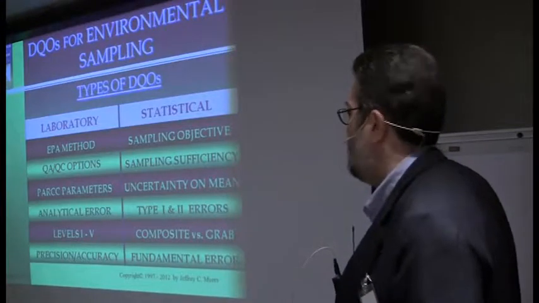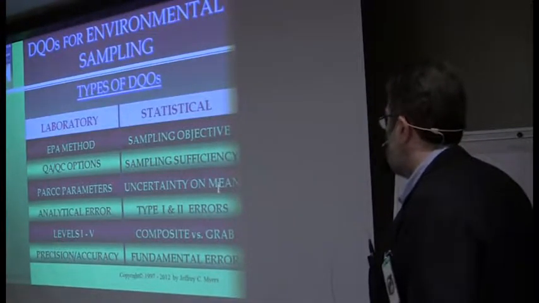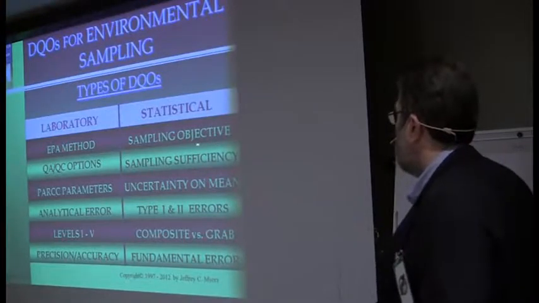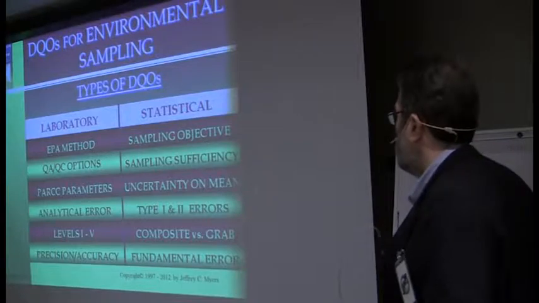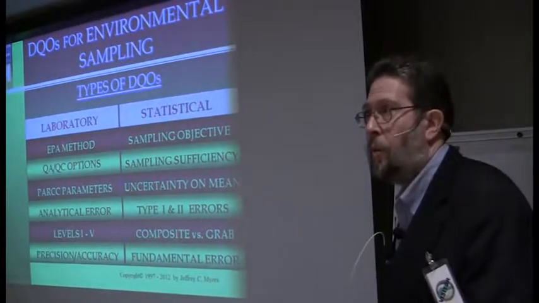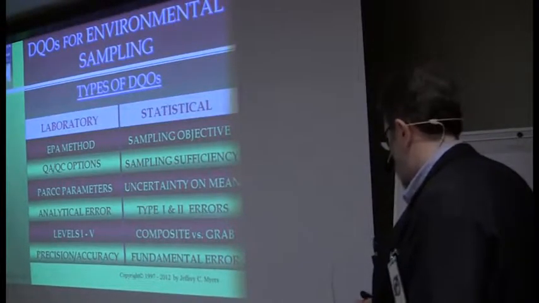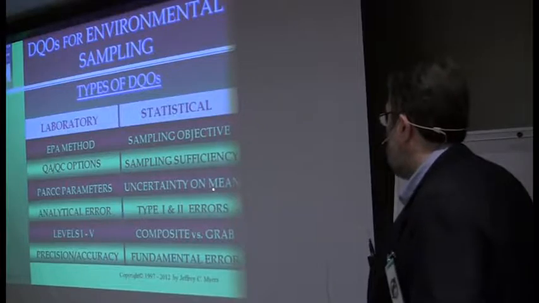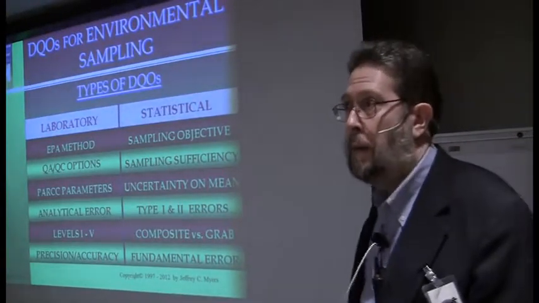What is a little less known, and probably why I'm here today, is the statistical side of DQOs. As we mentioned, the key thing, number one, is sampling objective, sampling sufficiency, one of those questions I always get asked: how many samples do we need? How uncertain are we on either the mean or other parameter that we're trying to monitor?